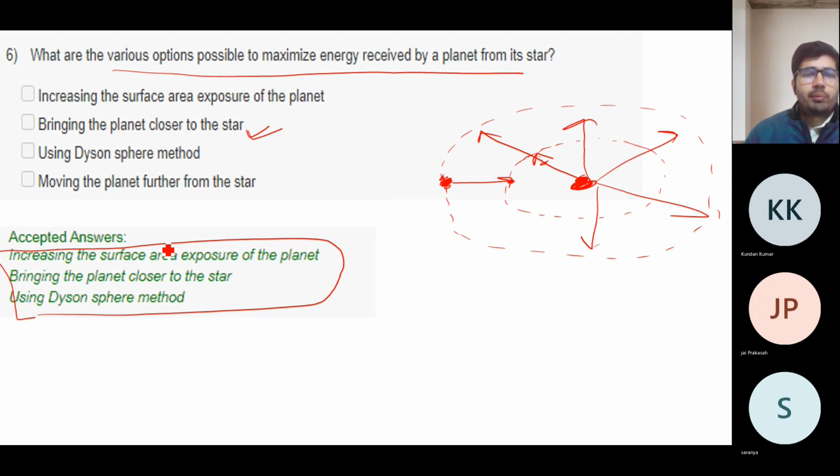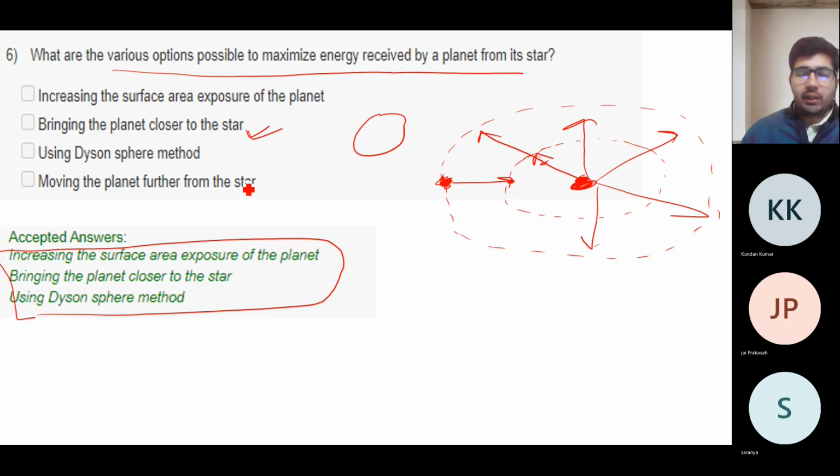Now increase the surface area exposure of the planet. Suppose we have considered only a circular part, okay, because Earth is spherical, but only one side is receiving the energy at a particular time, so we have considered a circular part or circular ring of that particular sphere, so only that part is receiving the energy, so we can increase the surface area exposure of the planet.